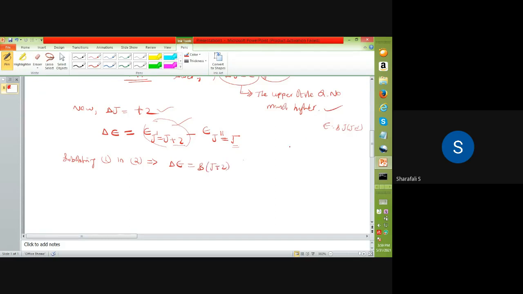Now my j is equal to j dash. Here, in this case, we are considering epsilon j dash equal to j plus 2. So all this j becomes j dash.